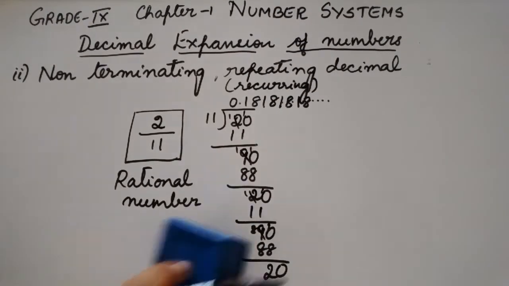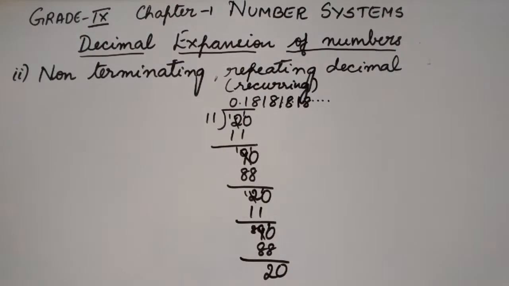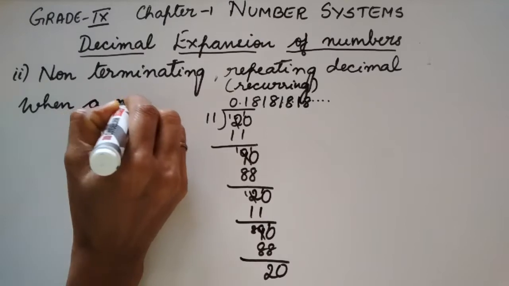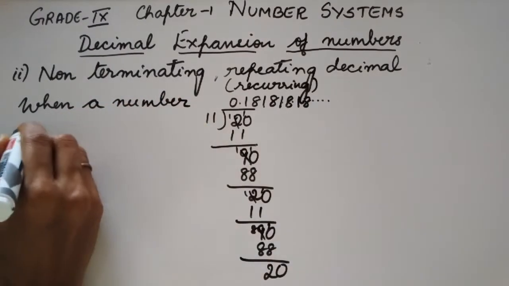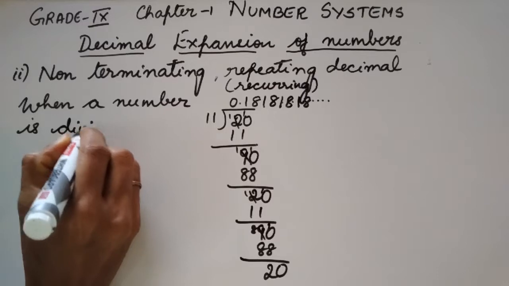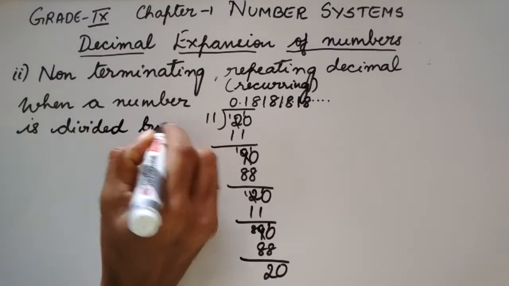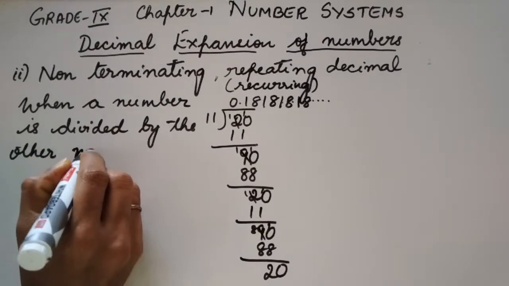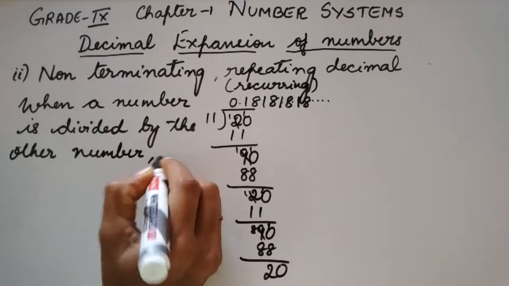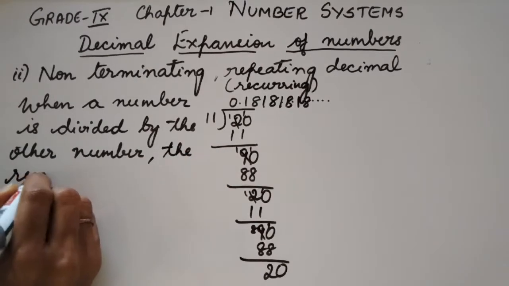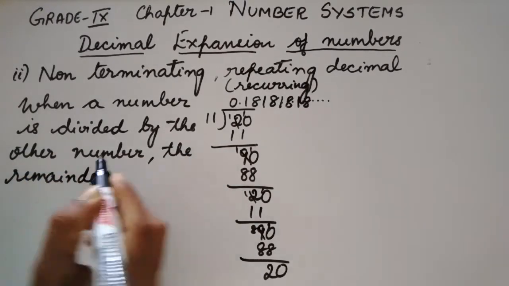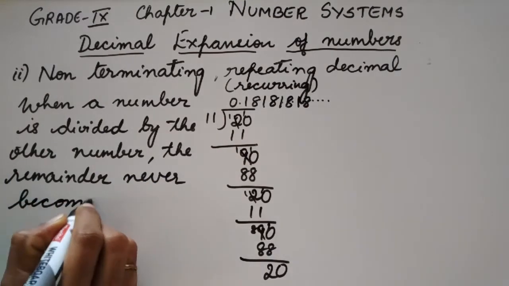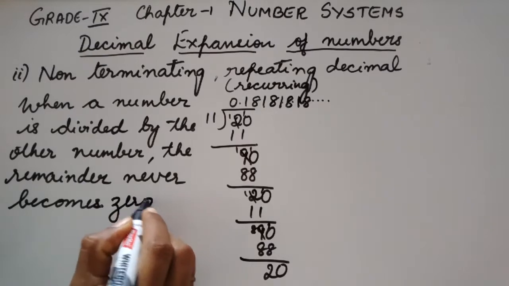So write, when a number is divided by the other number, the remainder never becomes 0.